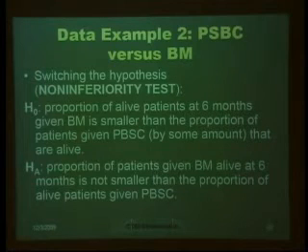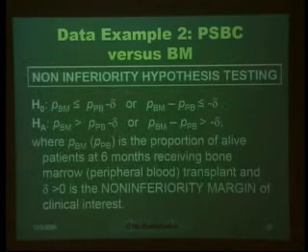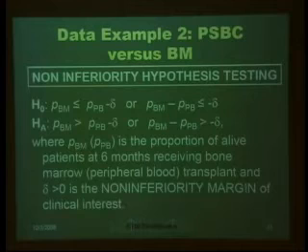And my alternative hypothesis is that the proportion of patients given BM is not smaller than the proportion of alive patients given PB. So we switch, and I have to write my hypothesis in this way.